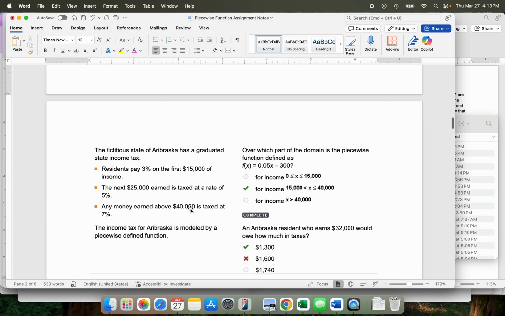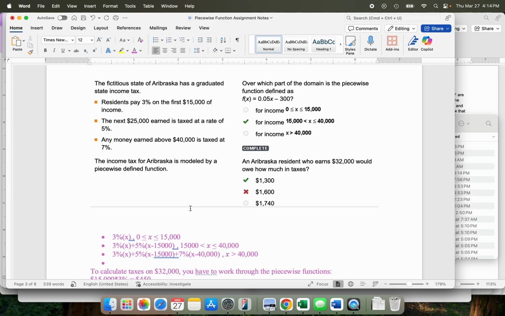Okay. All right, so looking at this data, they have about state income tax. They want to know over which part of the domain is the piecewise function defined as f of x equals 0.05, so 5%, x minus 300. And so we would know that it is for income levels between 15,000 and 40,000, because the 0.05 is our 5% tax bracket.